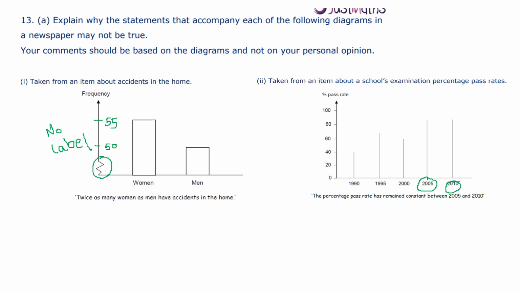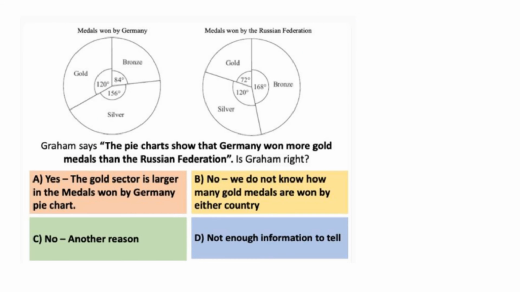We don't know what happened in 2006, 2007, 2008 or 2009. So we can't say that it's remained constant between 2005 and 2010. All we can say is that it was the same in 2005 and 2010.